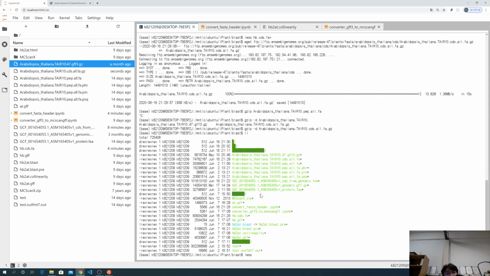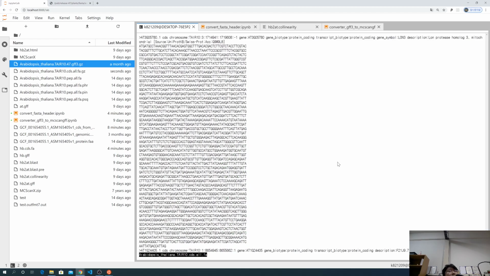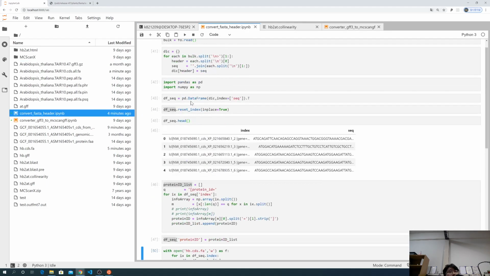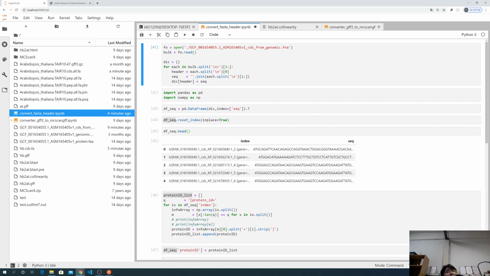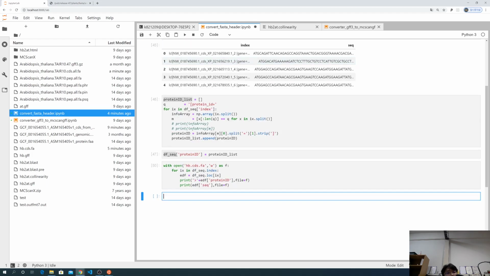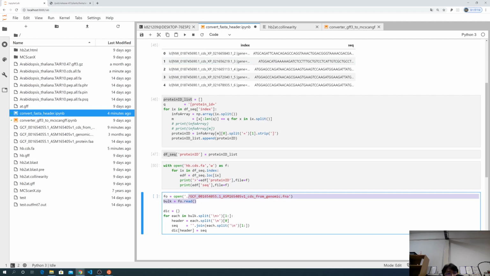So let's check our Arabidopsis CDS. Also, it has a lot of unnecessary information, so we have to remove it. Okay. So maybe everything is all similar, and I will copy it.